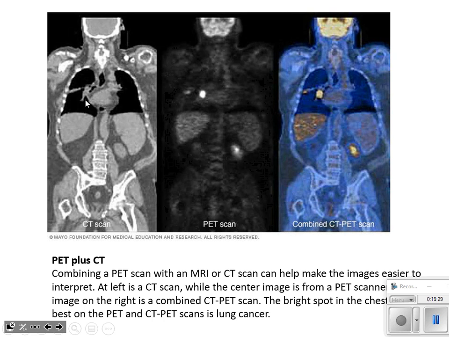Absolutely not. But when we have the PET scan, we can see the little tracers right there. And if we put the CAT scan and the PET scan all together, we can see exactly in the part of the lung where that tumor is. So those are just some common uses for these different types of nuclear decay.